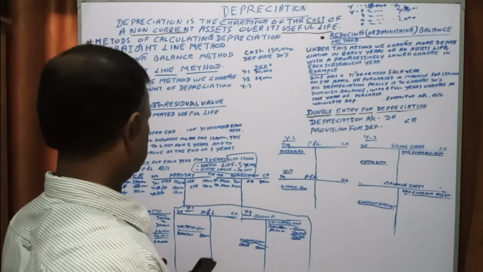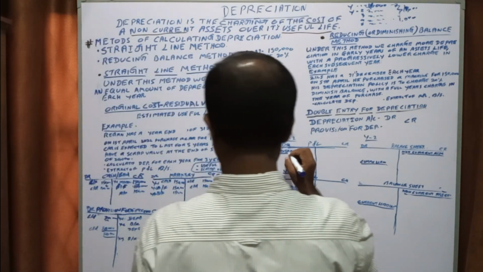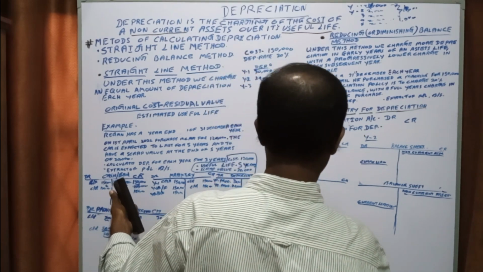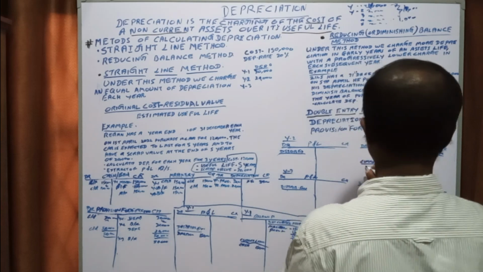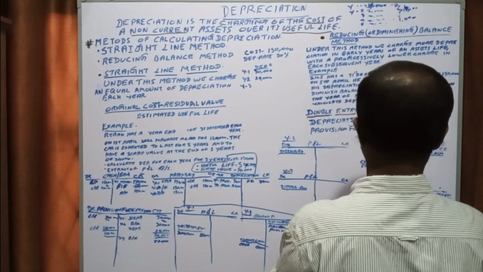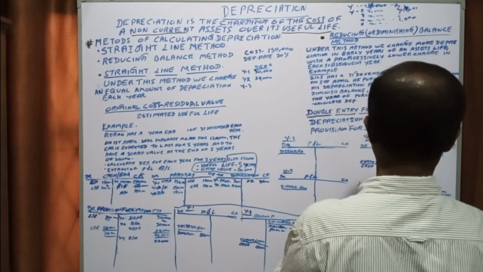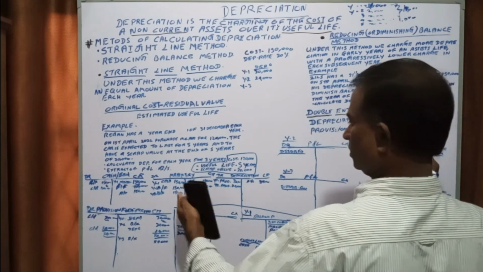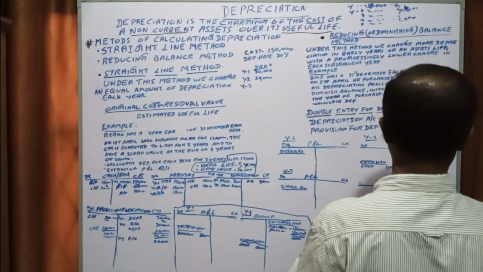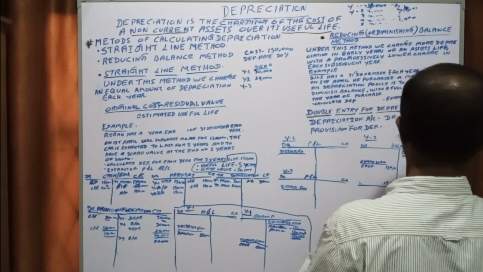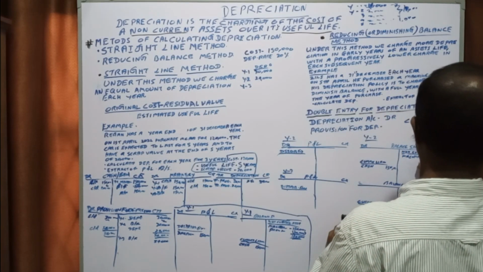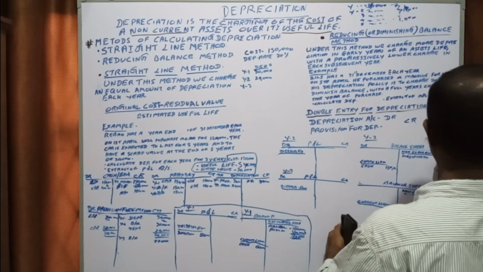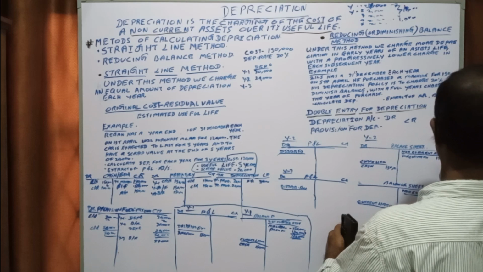The balance sheet, cash account 150,000. Machinery account 150,000.